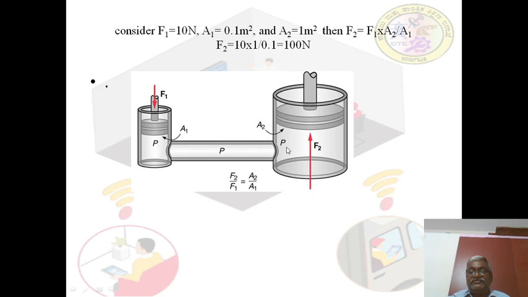As this obeys Pascal's principle, everywhere the pressure is P only, because the applied pressure is P, due to F1 by A1. The same pressure is transmitted undiminished in all directions. That's why, when the area is larger, we get more force. Like that, force can be multiplied by using hydraulic means.